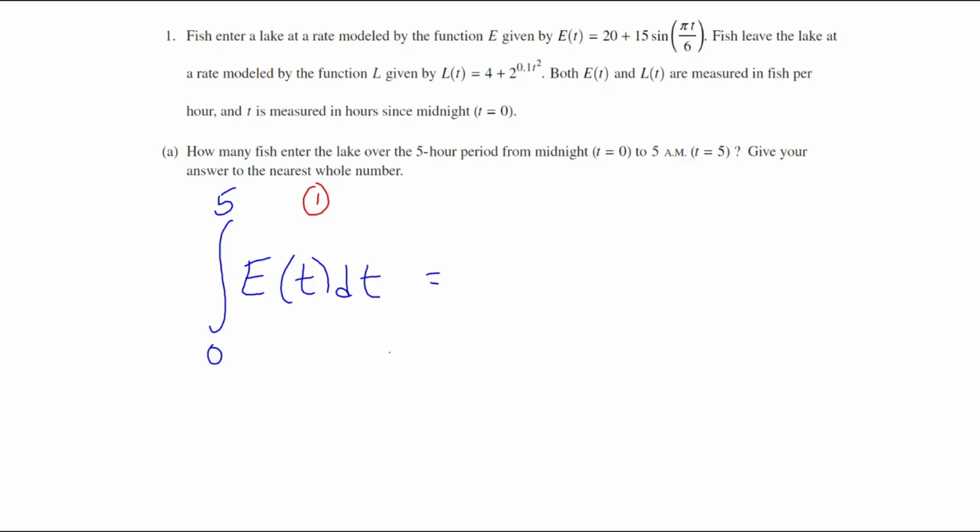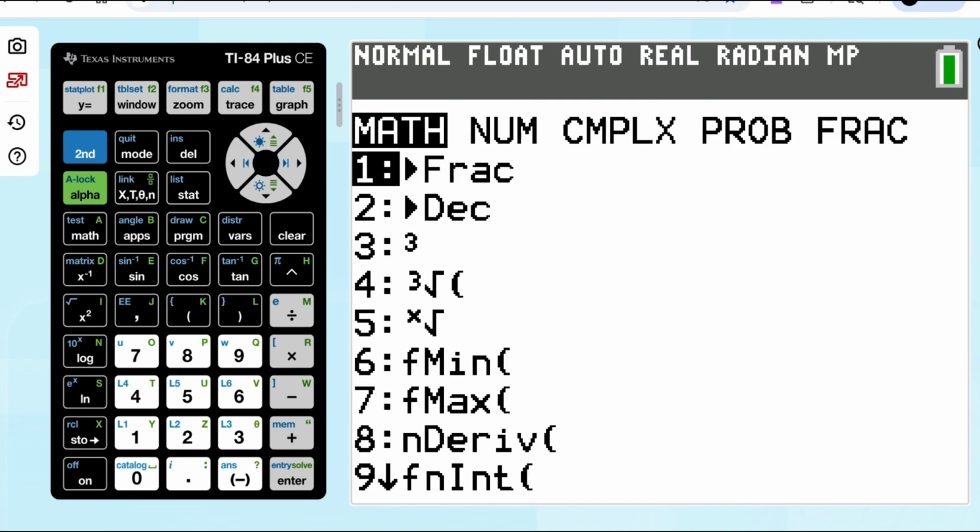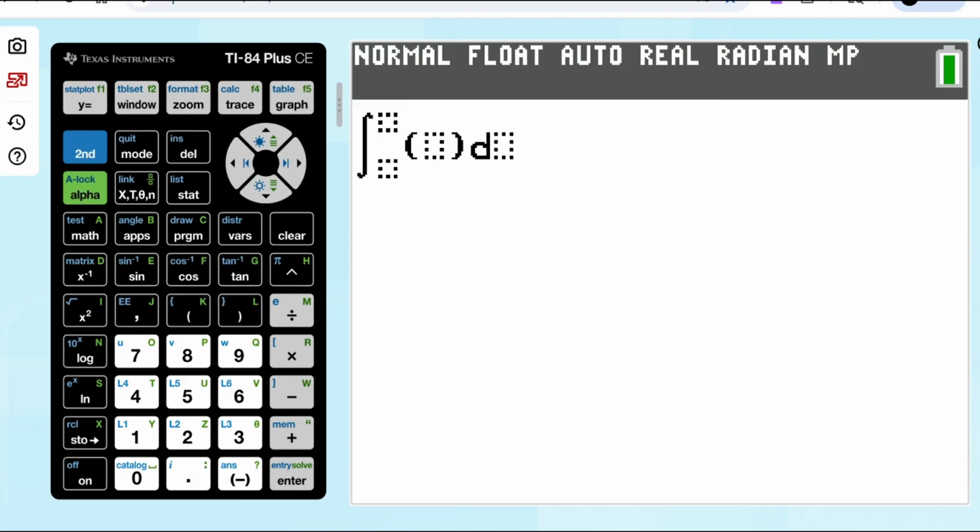And so then all we need to do is figure out what the value of that integral is. Okay? And so we'll just use our calculator to figure that out. And so we'll go into our graphing calculator. We'll hit math. We'll go down to option number 9.